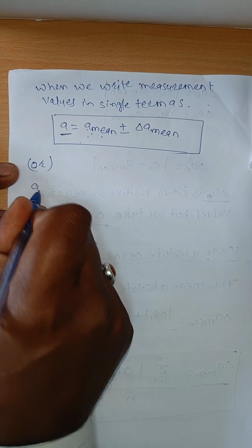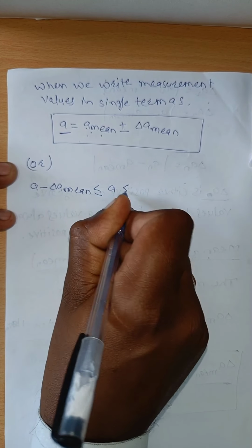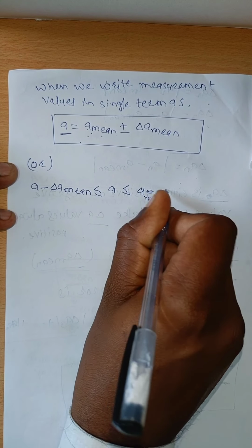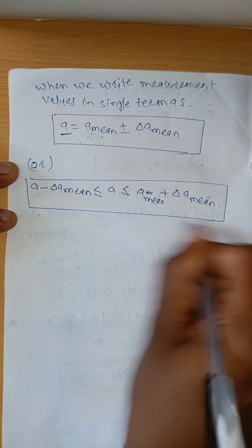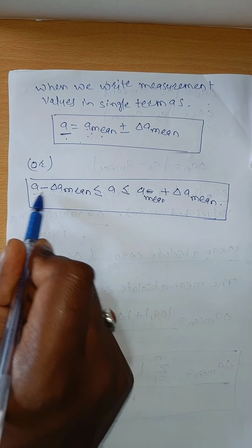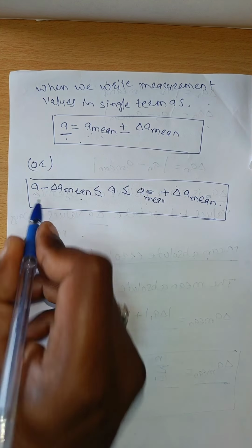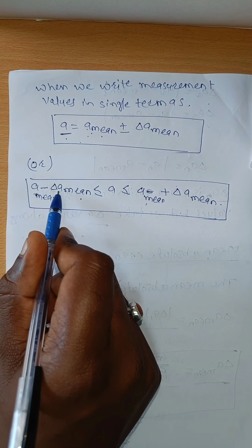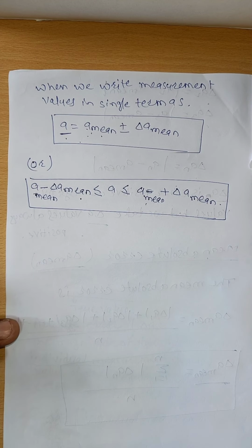That is, A mean minus delta A mean is less than or equal to A, which is less than or equal to A mean plus delta A mean.